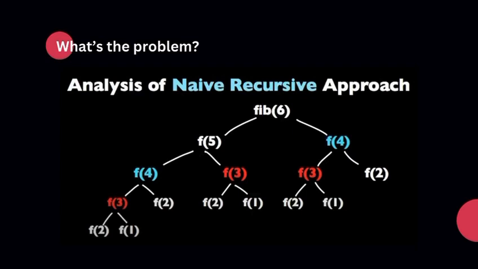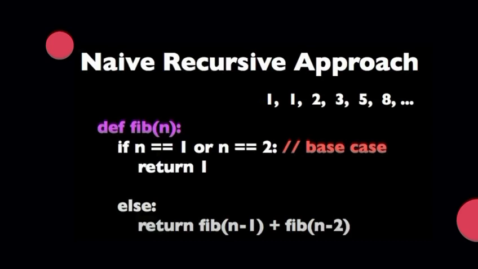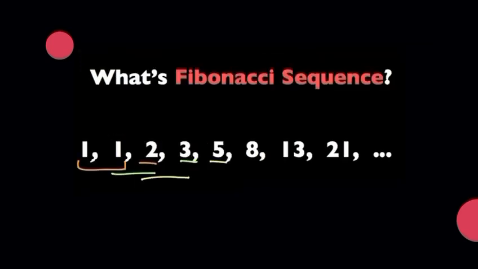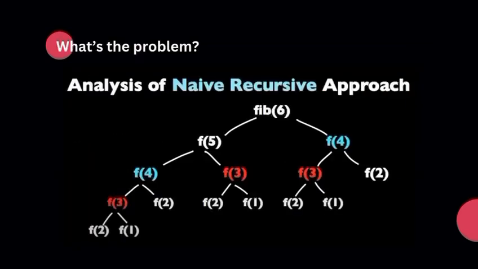Here's a quick analysis of the naive recursive approach that we just talked about. Let's just say, as an example, we're trying to find out the sixth Fibonacci number.